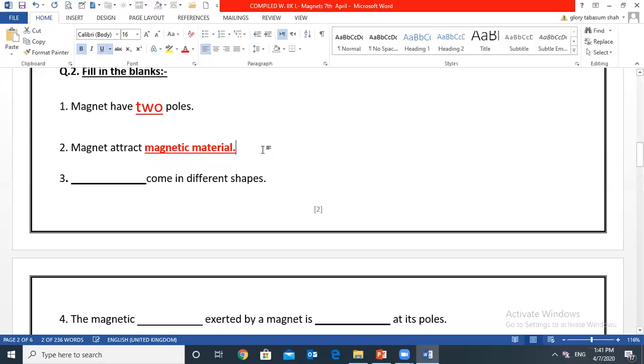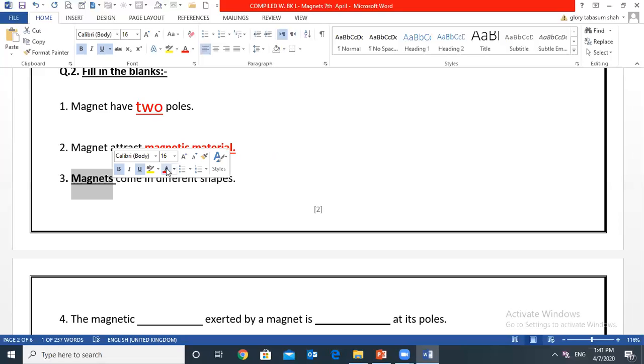Clear? Then, number 3. Dash comes in different shape. Yes, what comes in different shape? What comes in different shape? Magnets. Magnets come in different shape. Clear?